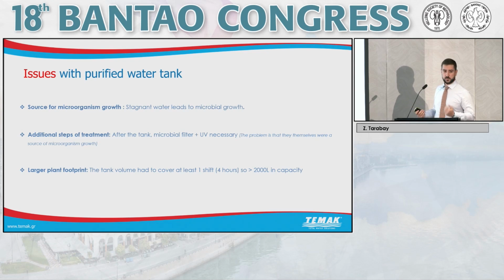Additional steps of treatment are required downstream, so you need a microbial filter and a UV system. Of course, these are disinfectant steps, but the hydraulic equipment itself on the loop may be a source of microorganism growth. And lastly, the purified water tank usually has to be a minimum of 2,000 liters in capacity, so you have a larger plant footprint.